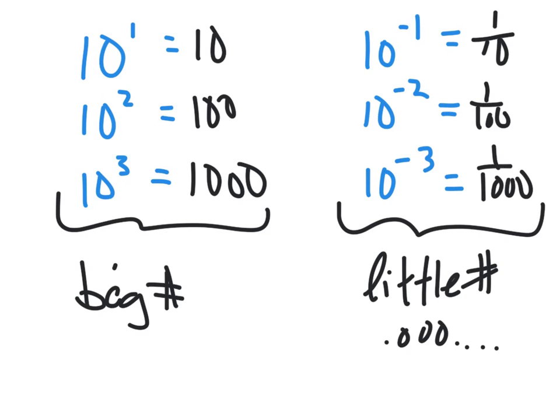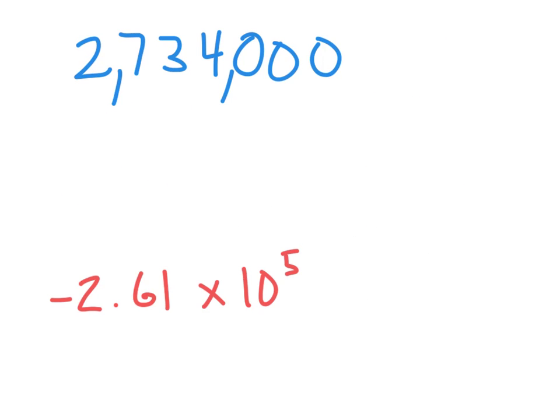So I don't like the idea of memorizing when it's positive, move left, when it's negative, move right, because I can never remember. I can remember way back when I was learning this, I could never keep it straight. So I like to think about, is it going to be a big number or is it going to be a little number?